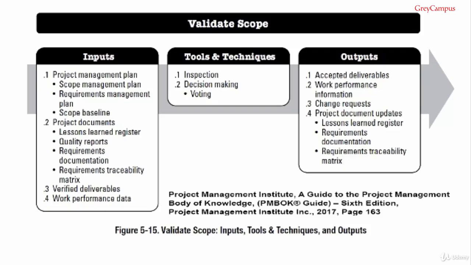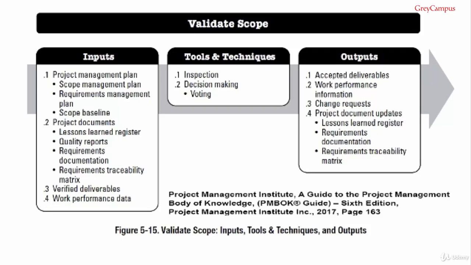Again, you should be able to guess that the primary output is accepted deliverables, and please note for the exam the difference between verified deliverables and accepted deliverables. If you don't know the difference, you'll need to watch this video again. In the exam you may be asked which process produces verified deliverables, and many people will choose validate scope by mistake.